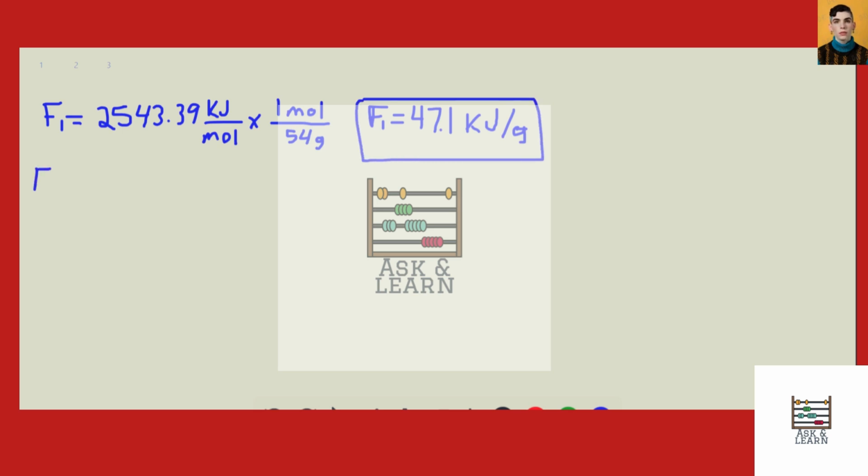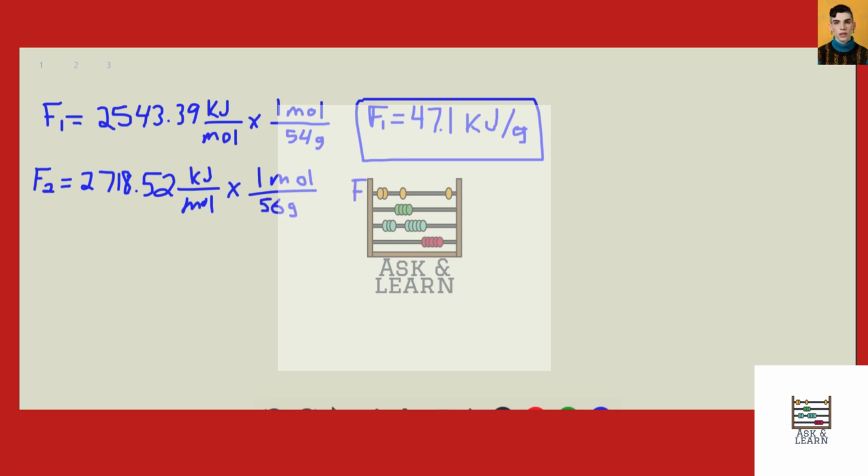F2 is going to be equal to 2,718.52 kilojoules per mole times 1 mole over 56 grams.